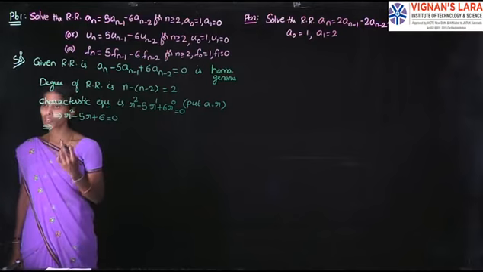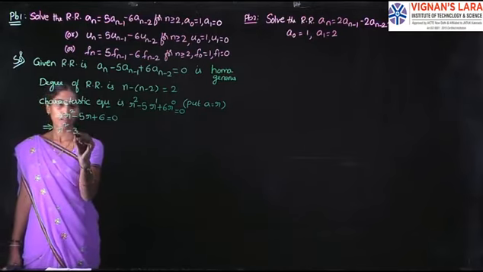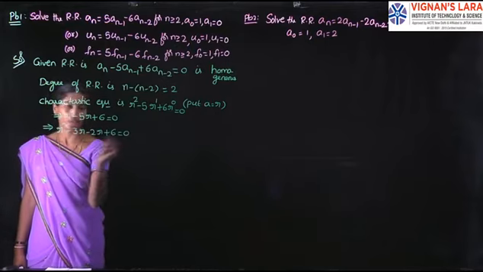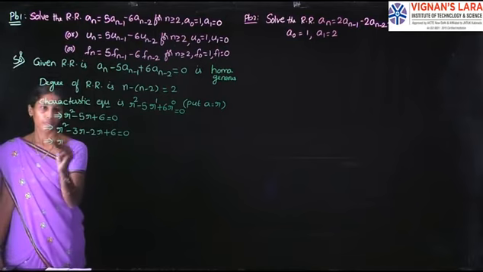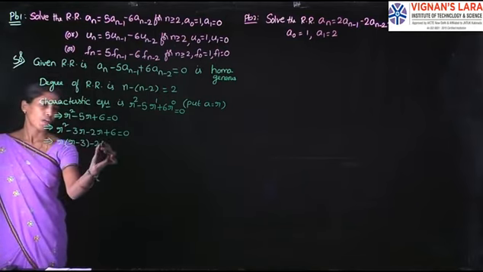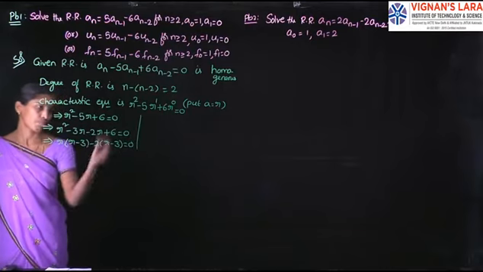You may find out the roots using a calculator or manually, which is r squared minus 3r minus 2r plus 6 equal to 0. So it is r into (r minus 3) minus 2 into (r minus 3) equal to 0.